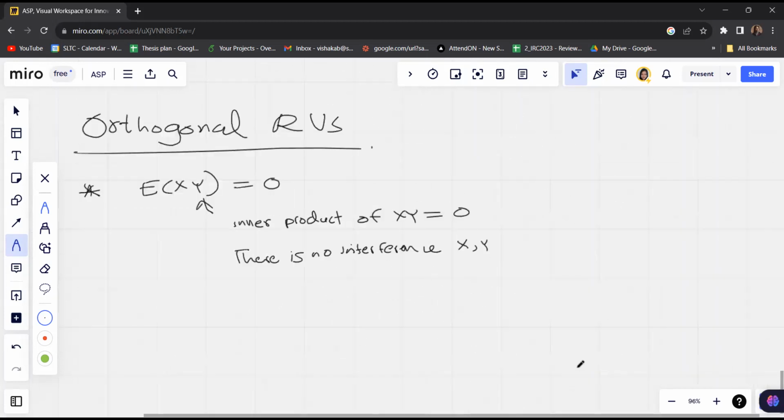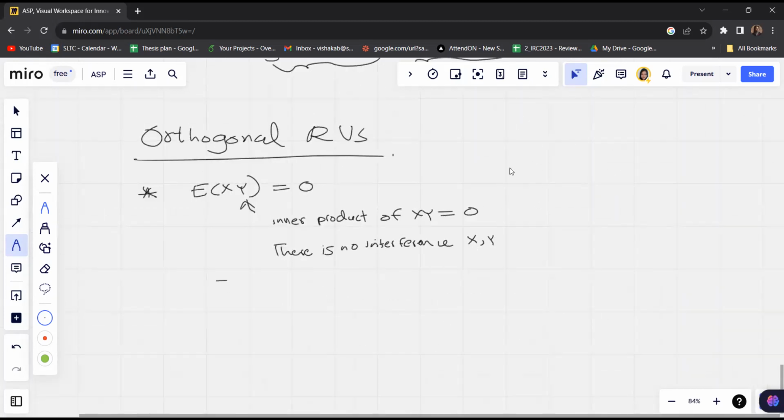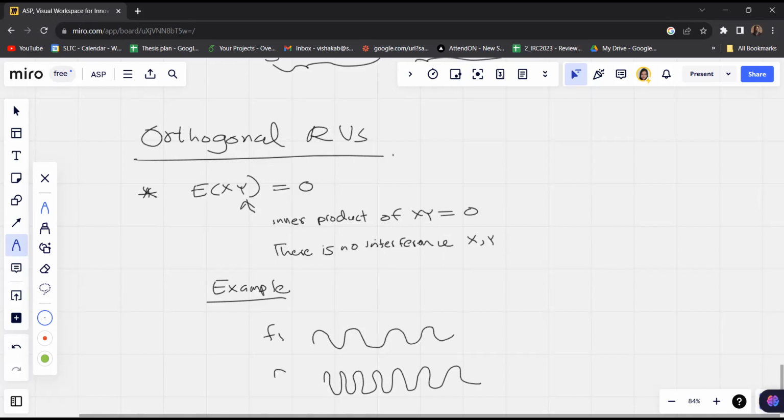So one thing I would like to explain is an example: the situation where we transmit different signals in wireless communications. We use different frequency bands, right? We can transmit a signal with F1 frequency, and then another signal with another frequency.